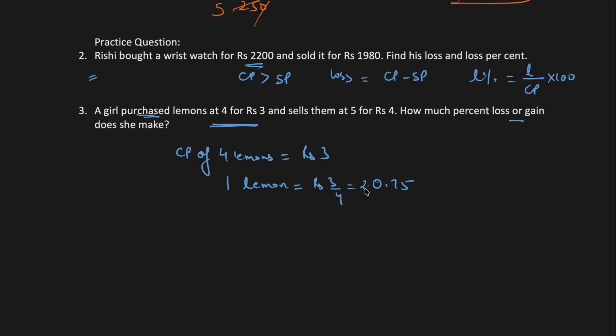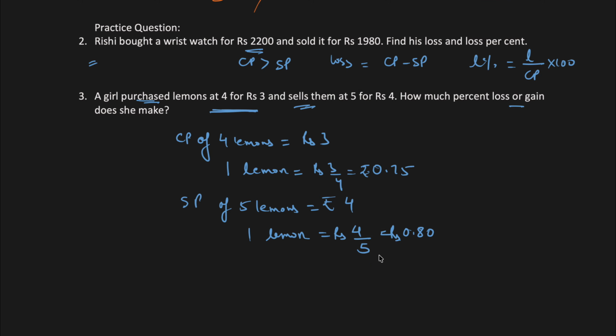So we got it as 0.75. Then SP, the selling price, that is of 5 lemons is given to you as rupees 4. And you can say for 1 lemon will be 4 by 5 rupees, okay, which we can also write as 0.80 rupees, right? Now, what is more?